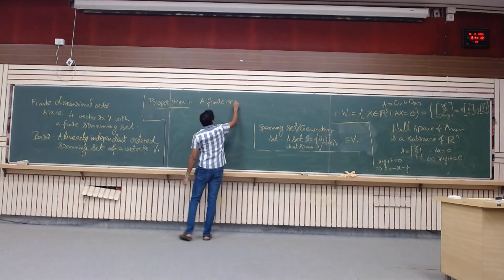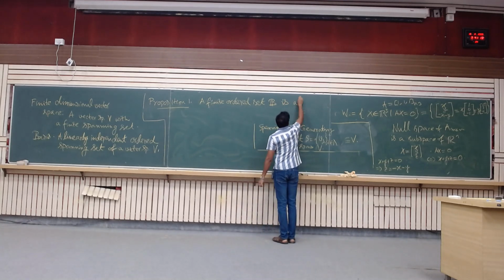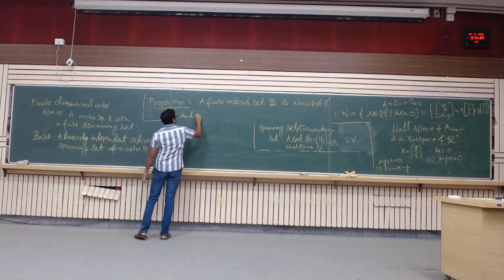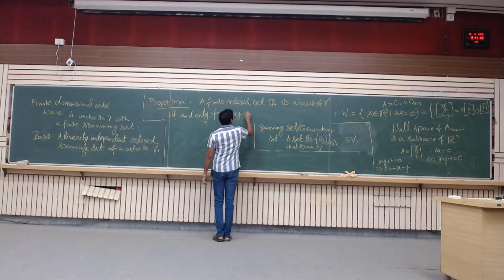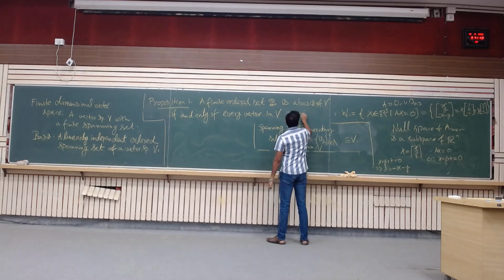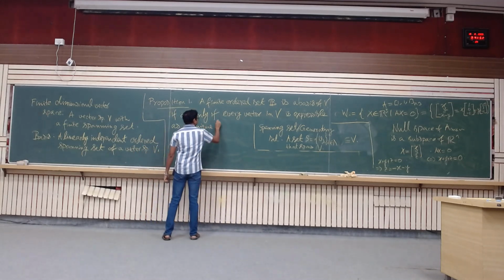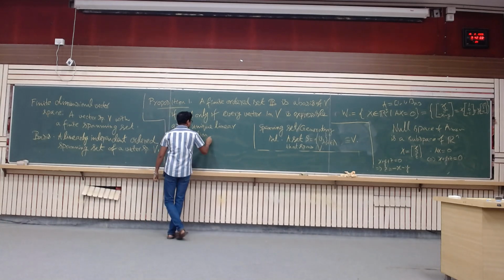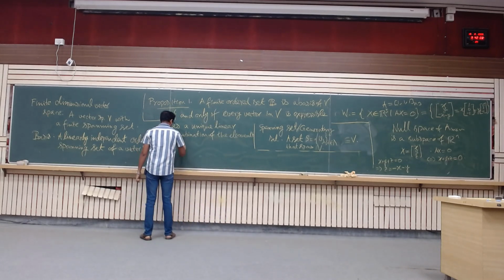A finite ordered set B is a basis of V if and only if every vector in V, the vector space that we are talking about, is expressible as a unique linear combination of elements of B.